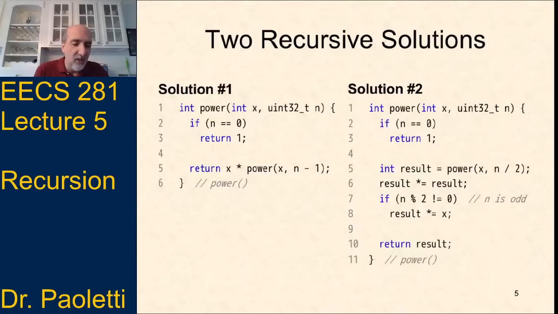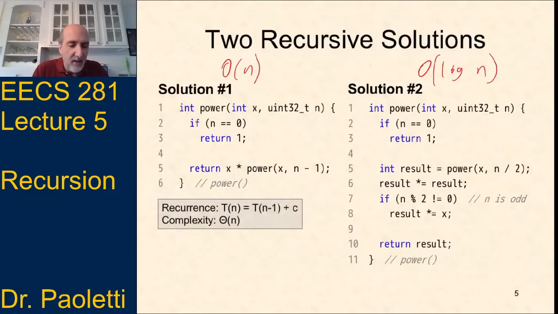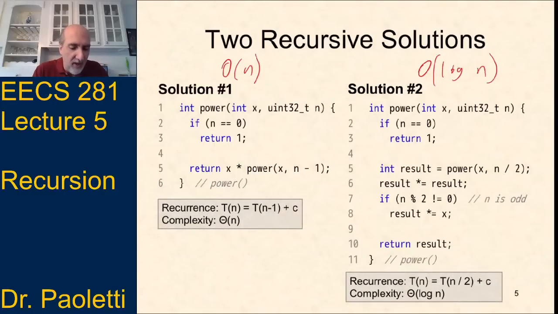We've got our O of n solution. We've got our O of log n solution. And we worked last time on solving the equations for this. We've got the recurrence relations there and the complexity, and we did the solving of those last time.